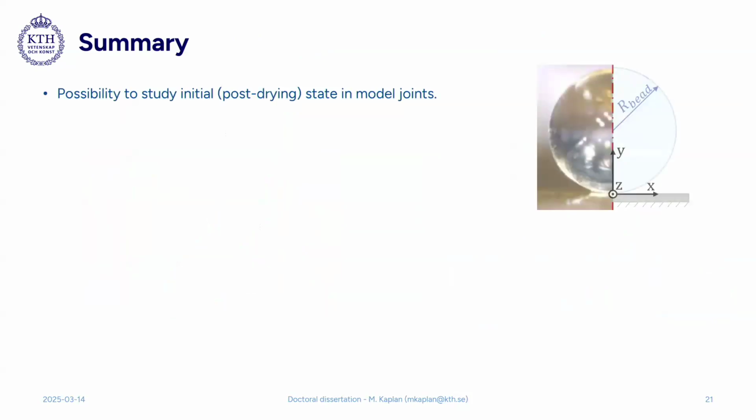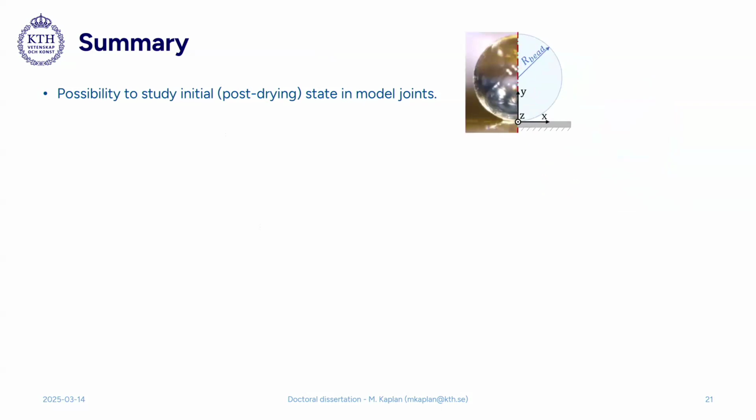So to summarize my research here, we have brought the possibility to study the initial post-drying state in model joints, and this model can be further extended to understand the mechanisms that are at play in the formation of joints and the adhesion mechanisms.